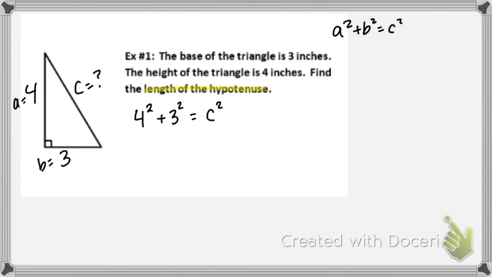Okay, I need to find out what C squared is. I'm going to simplify just like we did in the last one. 4 squared is going to give us 16, and 3 squared is going to give us 9. And then we still have that C squared because I don't know what that is, right? 16 plus 9 is 25.